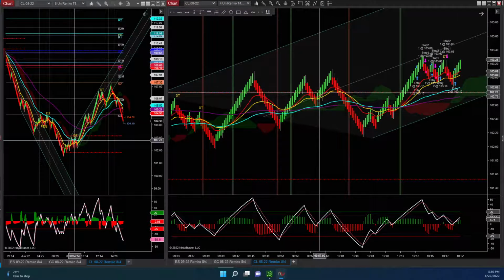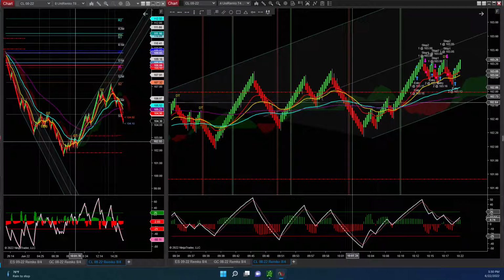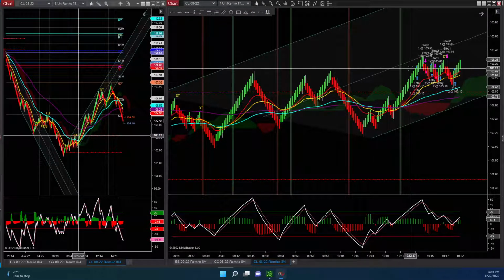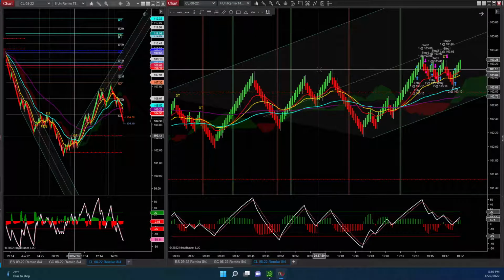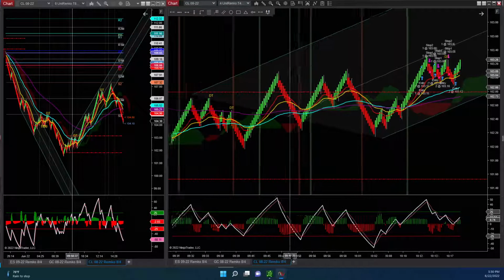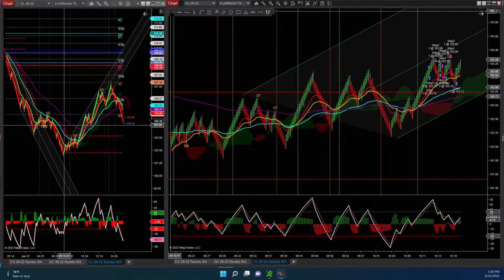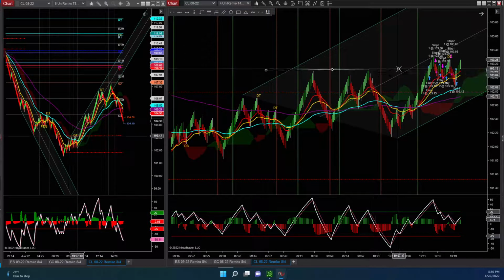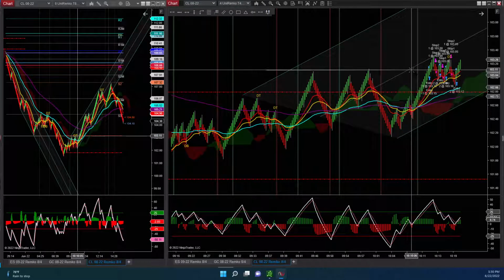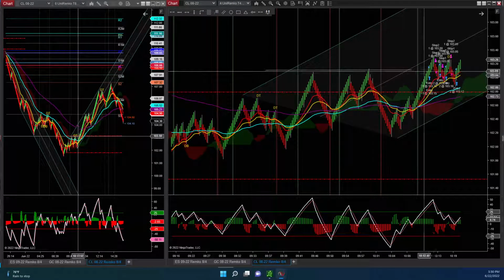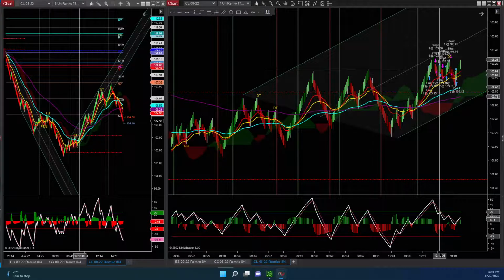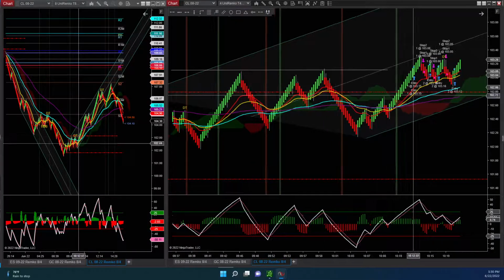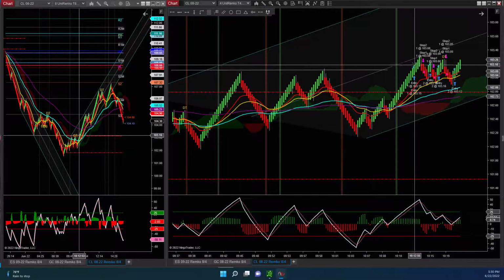I did not trade any of this stuff until it broke out of this resistance here. So let's mark that one. So I tried to trade that one there, and it didn't work. That breakout didn't work very well.